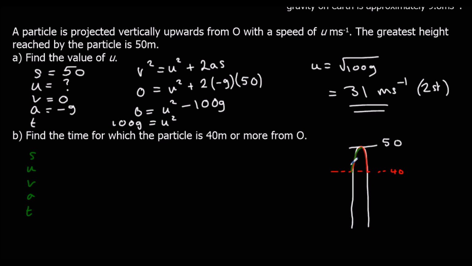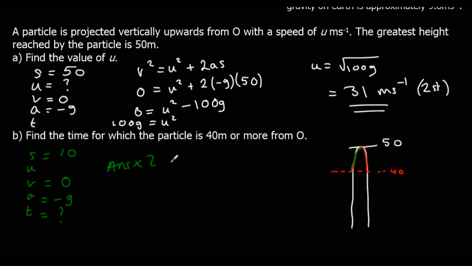In that motion, it goes up 10. So displacement is 10. We don't know u, but when it's at the greatest height, v is 0. The a is minus g still, and we want to work out the time. So if we work out that time, then we will double the answer.